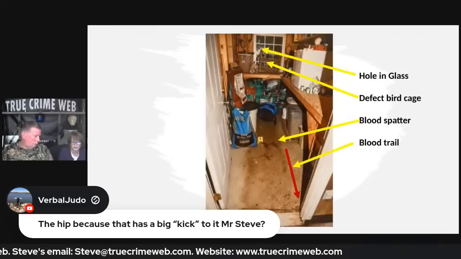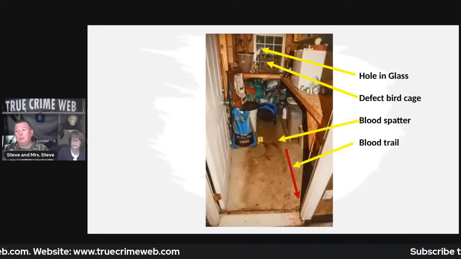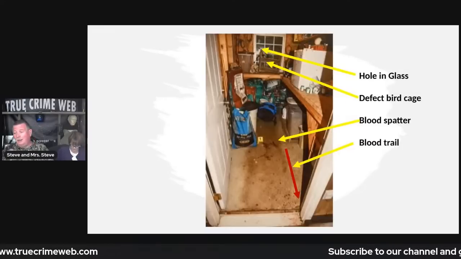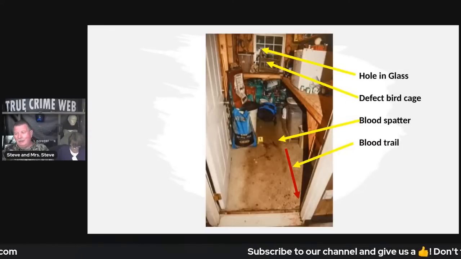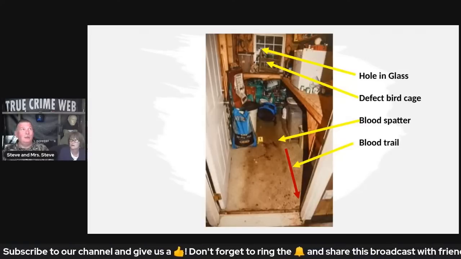All right. 12 gauge, especially 3-inch 12 gauges, are not pleasant to shoot. I was raised with shooting a shotgun that had a little bit less recoil.